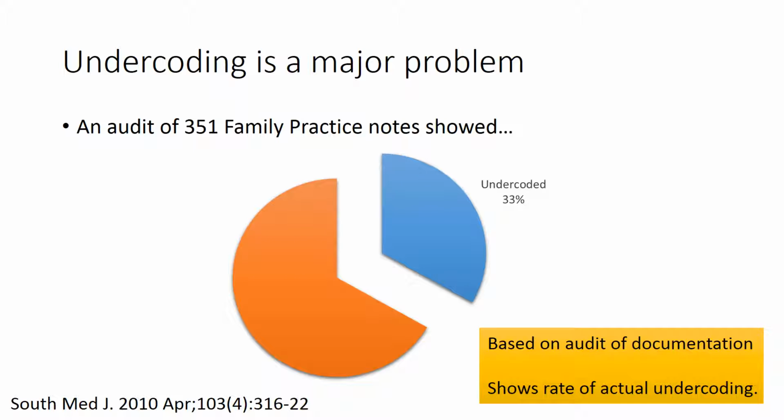We're going to talk about effective E&M documentation, or essentially how can you apply these complicated rules that we discussed in the previous presentation. Undercoding for medical services is a major problem. An audit of 351 family practice notes showed that 33% were undercoded by a basic audit.